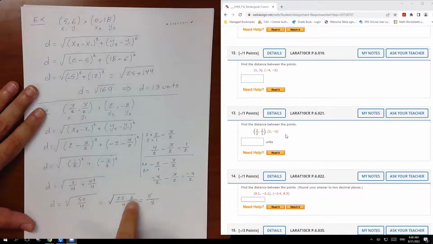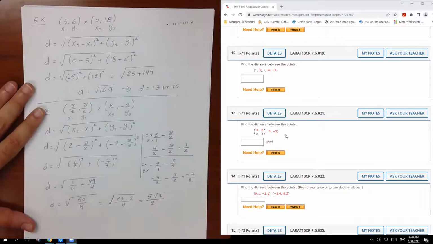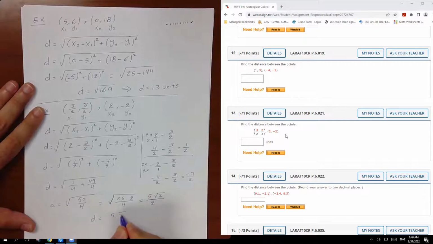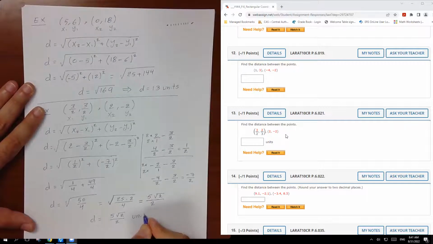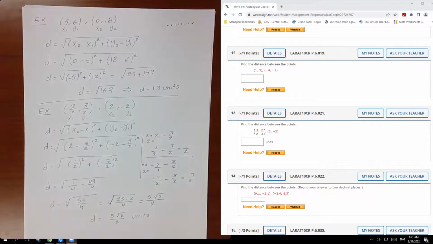The leftover is only 2, I'm going to keep it under the square root. That's it. So the distance between these 2 points is going to be 5 square root of 2 divided by 2. Don't forget units. That's it for this example.